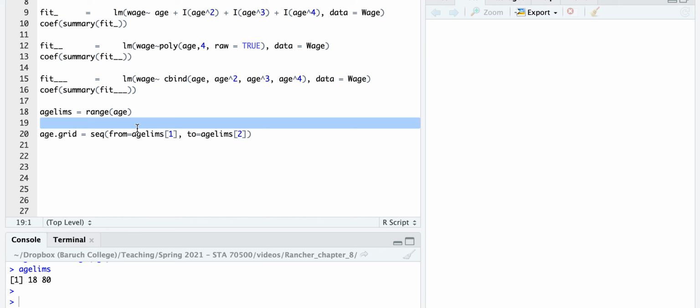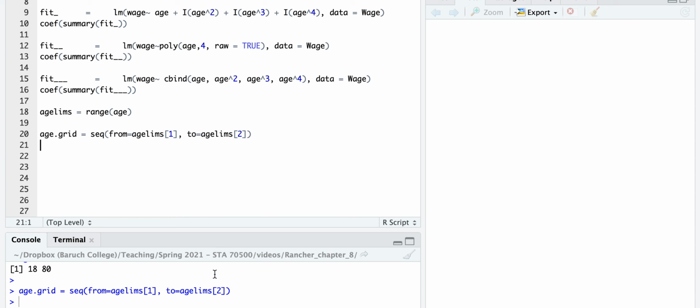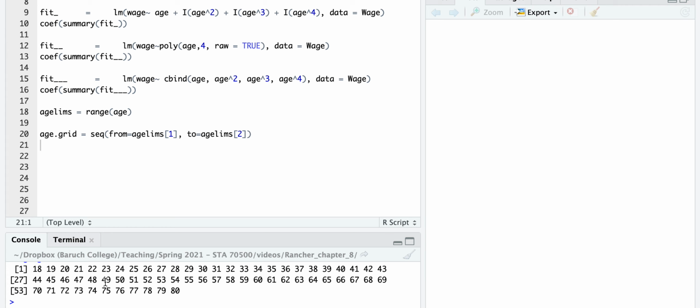And then we create a sequence. So age goes from 18 to 80. And let me just do predictions.